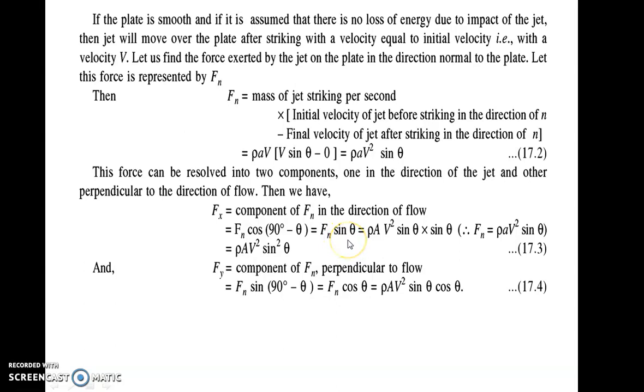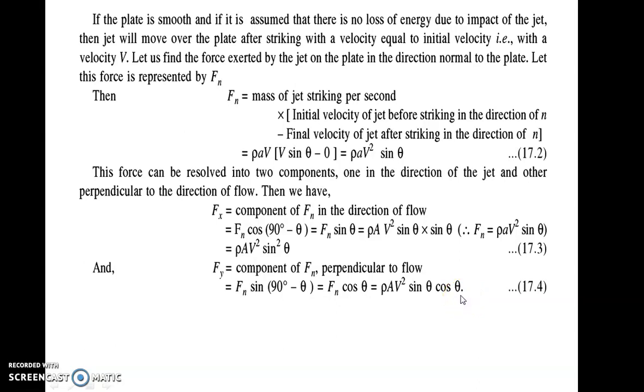Cos 90 minus theta is sin theta, hence it is given by rho a v square sin theta into sin theta, which is rho a v square sin square theta. And Fy is Fn into sin of 90 minus theta, which is Fn into cos theta. But we know Fn is rho a v square sin theta, hence Fy is rho a v square sin theta cos theta.